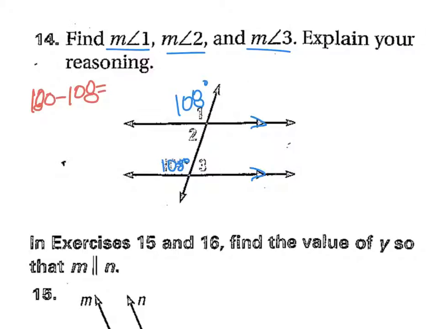So angle 2 is 72 degrees. And now to figure out what 3 is, notice that 2 and 3 are both on the inside of the parallel lines, and they're on different sides of this transversal, which means they're alternate interior. Alternate interior angles are always equal. So angle 3 is 72 degrees. That's how you can figure that out.